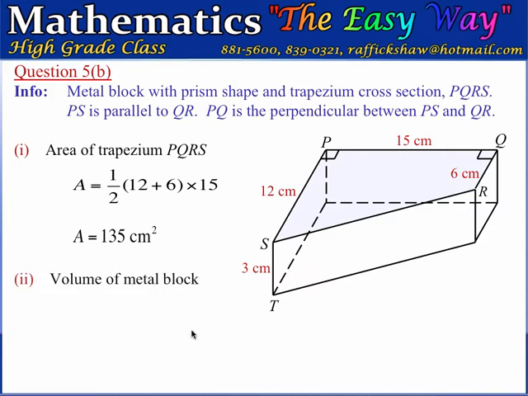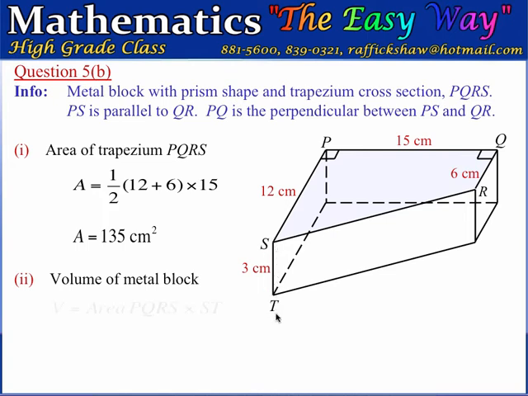Part 2 wants us now to calculate the volume of the metal block. Now, the volume of an object with uniform cross-section is equal to the cross-sectional area multiplied by the length. And in this case, this is the uniform cross-section, which we know the area is 135 centimeters squared. And the length of this object now would be this height here, 3 centimeters.